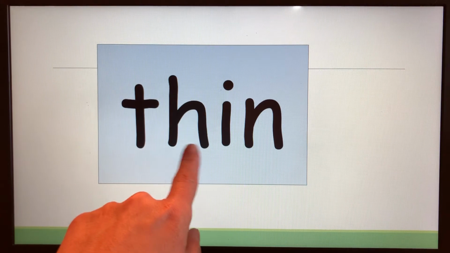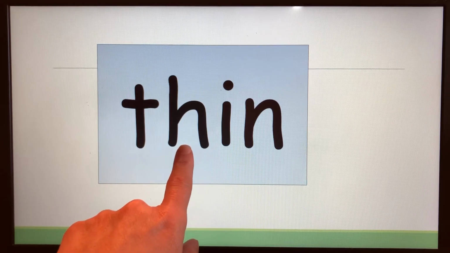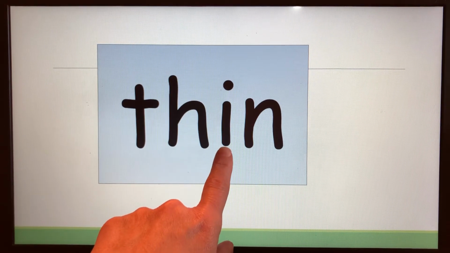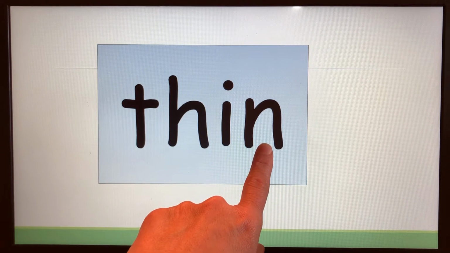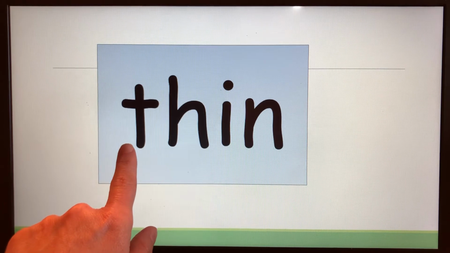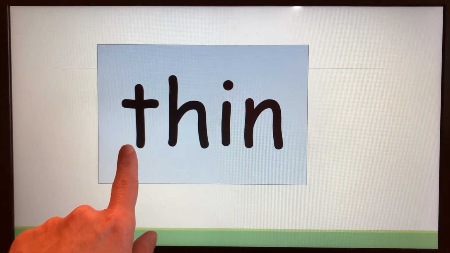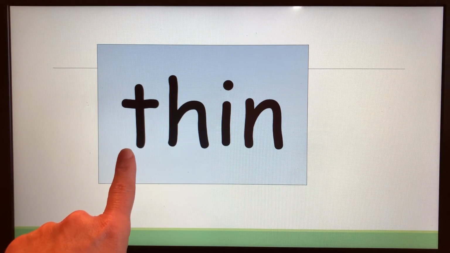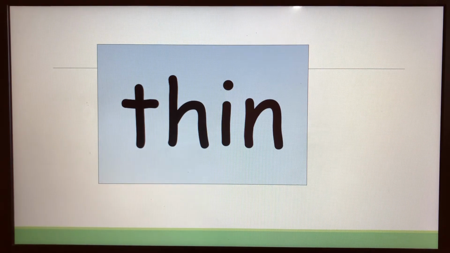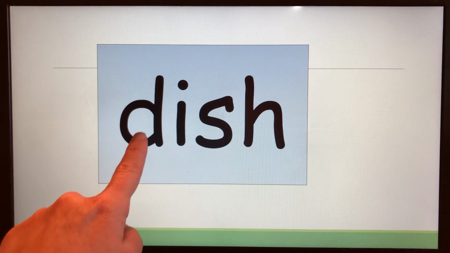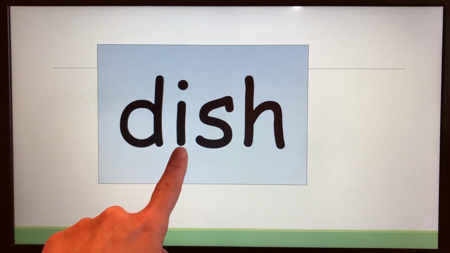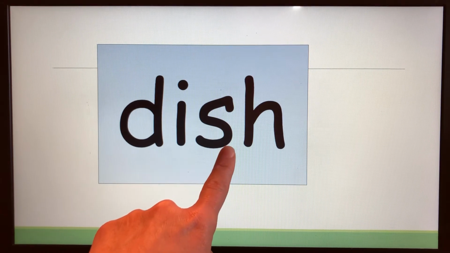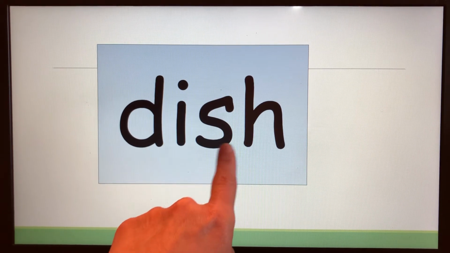You try this one. Do you remember the TH sound? That short I sound? And the N sound? Put it together. The word is thin. Good reading. Why don't you try this one? The sound for D, the sound for I, the sound for SH, sh.